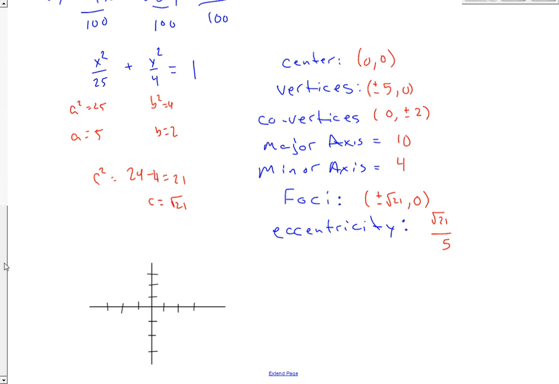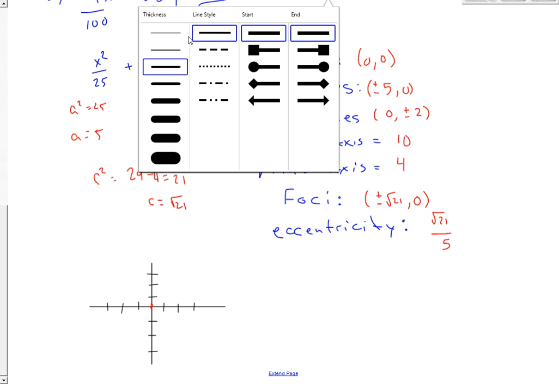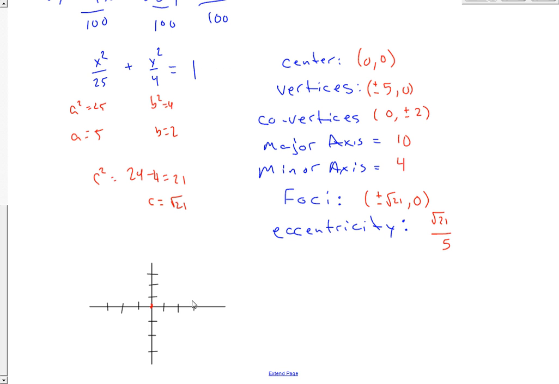So now I go to graph this. So 0, 0. 5, 0. And let me fix this.